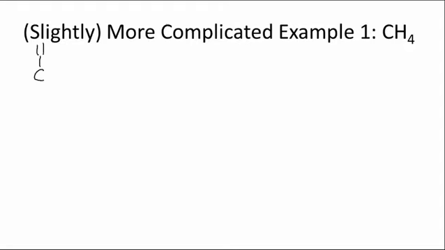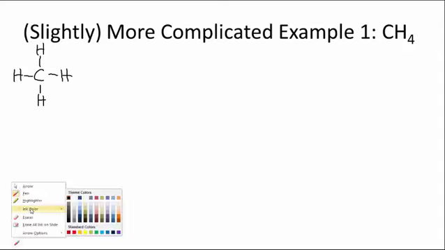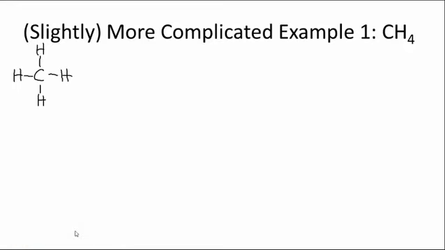All right, so let's consider CH4. If we wanted to draw a diagram for CH4, we would first consider, what does CH4 look like? Well, it's carbon with 4 sigma bonds. What can you tell me about the atomic orbitals in carbon in the CH4 molecule? It would be sp3 hybridized.